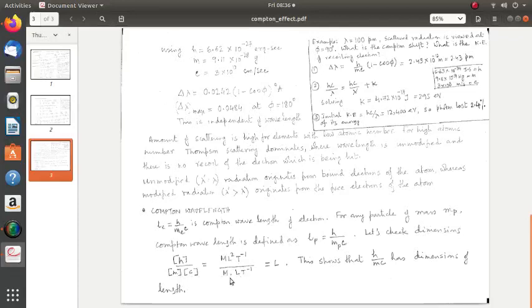So m cancels, one of the l's cancels, t inverse cancels. So finally we get a length. So in quantum mechanics, there is a characteristic length of a particle having a fixed mass. This shows that h by mc has the dimensions of length.